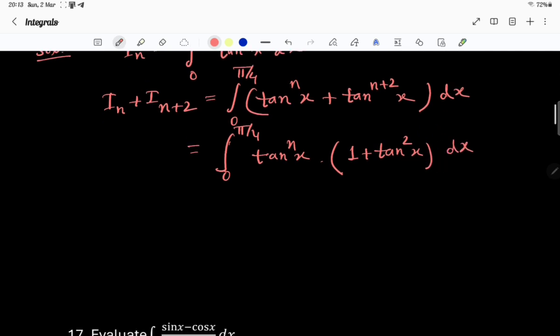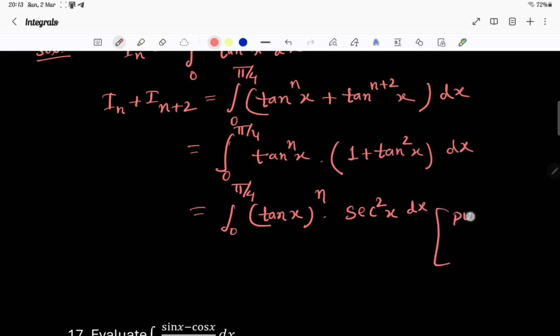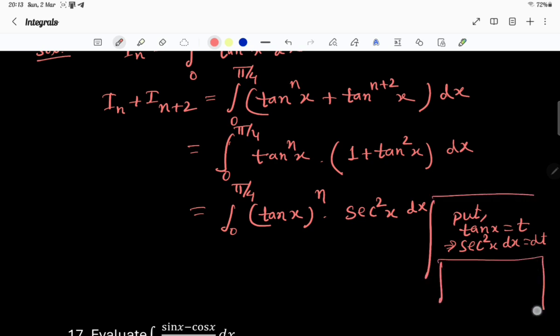Now, you know sec square x minus tan square x is 1, so 1 plus tan square x is sec square x. So you can write integral 0 to pi by 4 of tan x to the power n into sec square x dx. Put tan x equals t, so sec square x dx equals dt. The limit will change, obviously, as it is a definite integration. x and t are the variables.